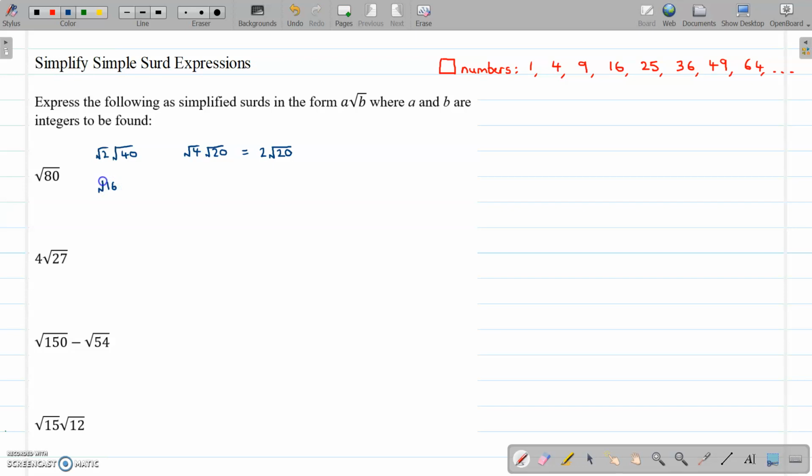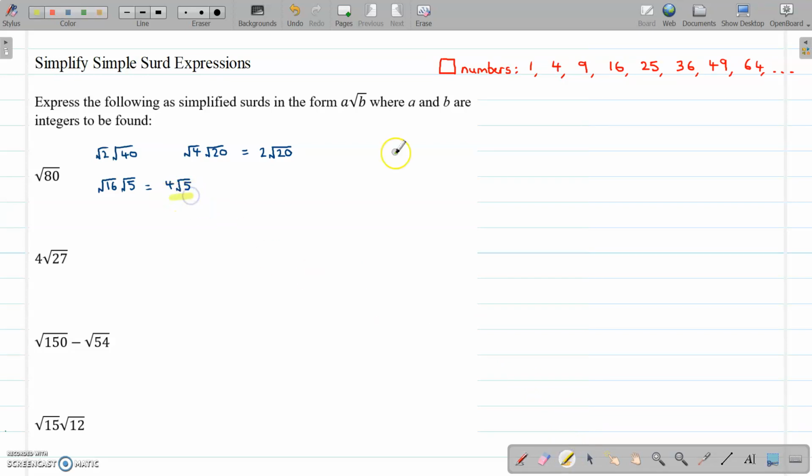Although it's mathematically the same, it will be 4 root 5, and that's the correct answer because it's simplified fully.